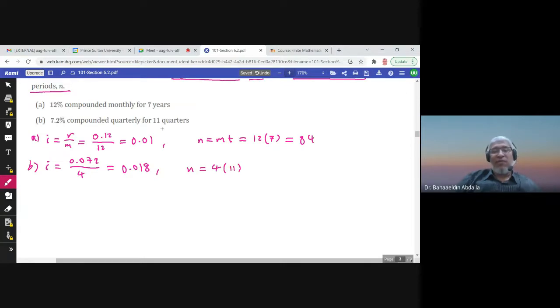But this is not 11 years, this is 11 quarters. So n in this case is just 11, the number of quarters, because the period here is a quarter. Okay, he did not give the number of years like here. He gave the number of quarters. So that's the answer. That's n.